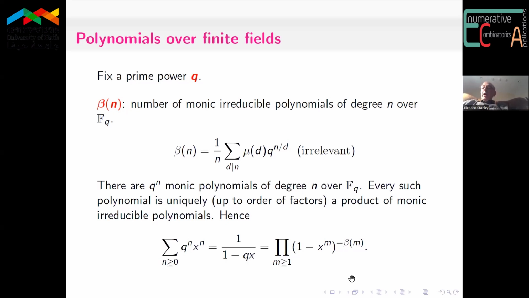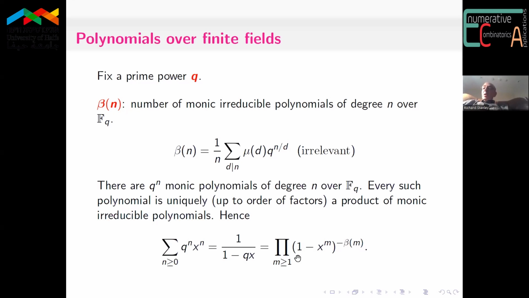We can get a monic polynomial by choosing the degree m of the irreducible polynomial, 1 minus x to the m. We have beta m choices for which irreducible polynomial we choose.